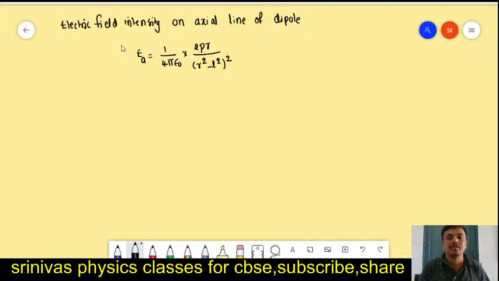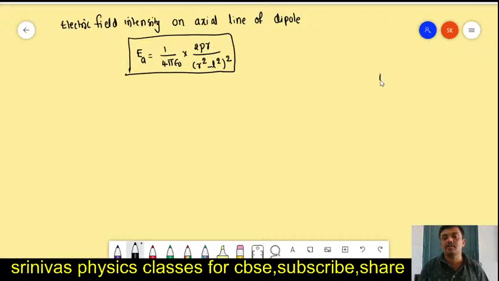This is the final formula. Electric field is denoted with capital E. Remember, don't be confused. This 1 by 4 pi epsilon naught, this is epsilon naught.